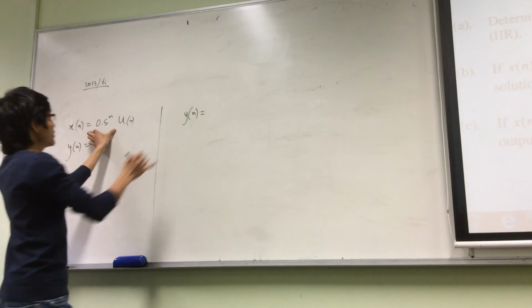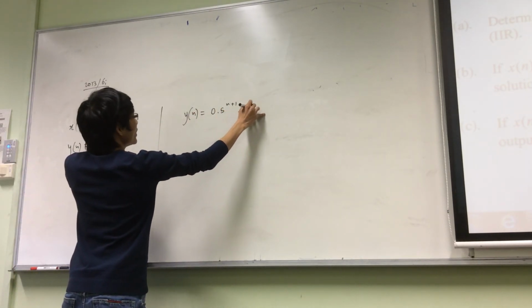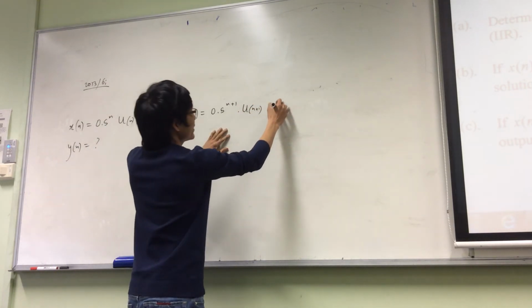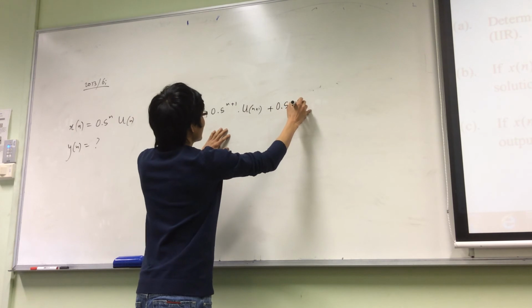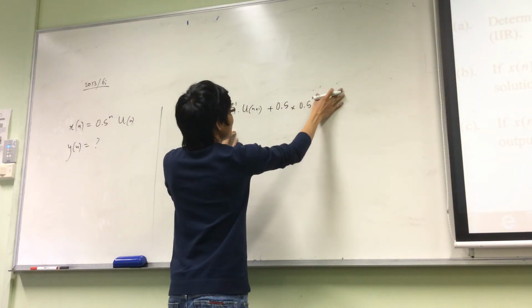So I got 0.5 power n plus 1, u[n plus 1], plus 0.5 x[n], so 0.5 multiplied by 0.5 power n minus 1.